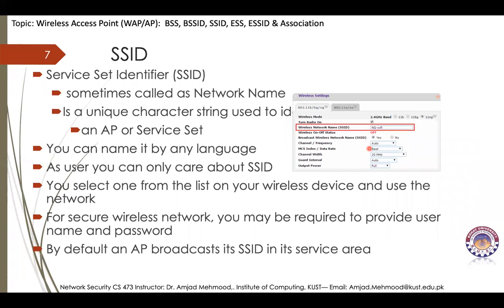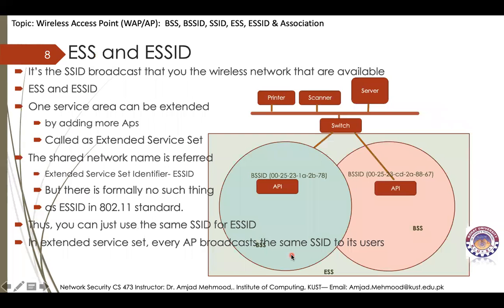So we normally call it SSID. You can name it in any language. As a user, you can only see the SSID. You select one from the list by providing your username and password. By default, it will broadcast SSID in its service area.